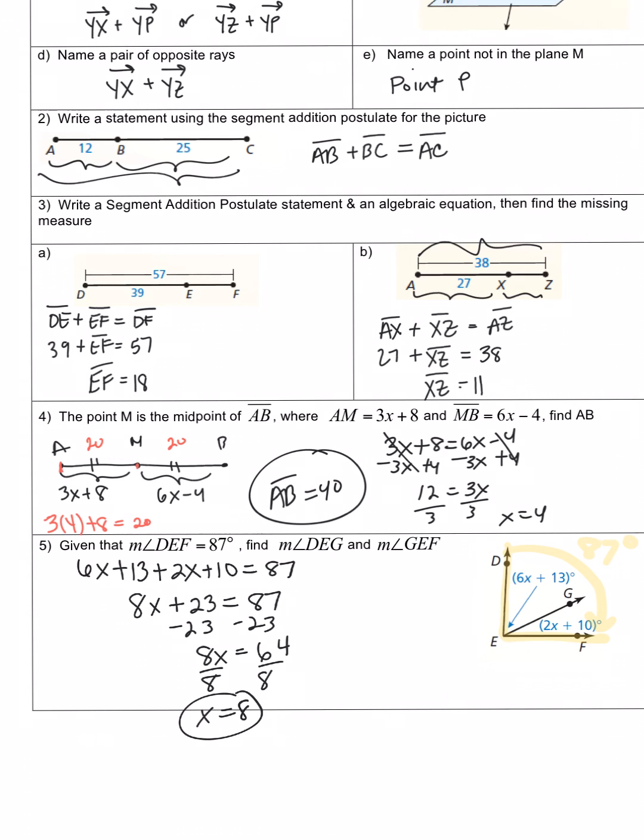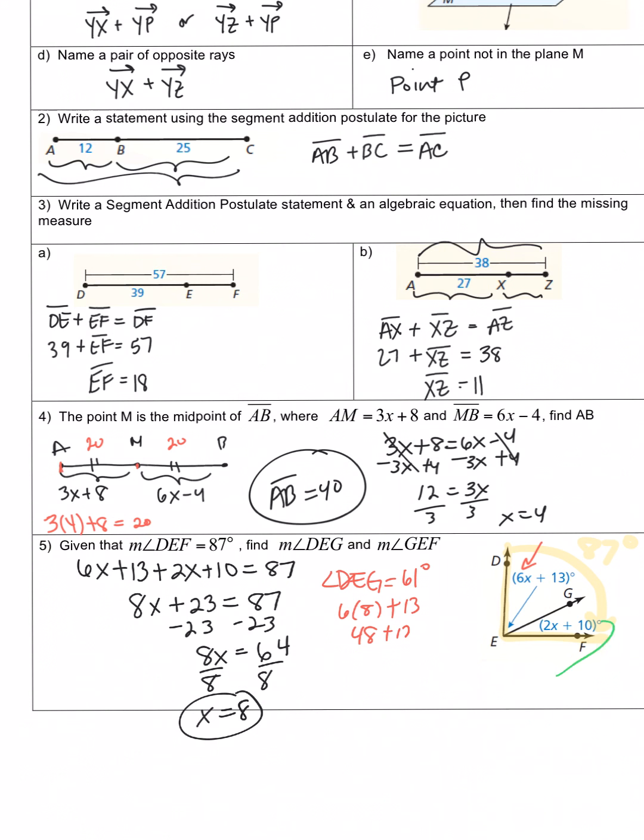It wants the measure of each angle, so let's plug it in. For angle DEG, I've got to plug in 8 for x. So 6 times 8 plus 13, that's 48 plus 13, and 48 plus 13 is 61 degrees.